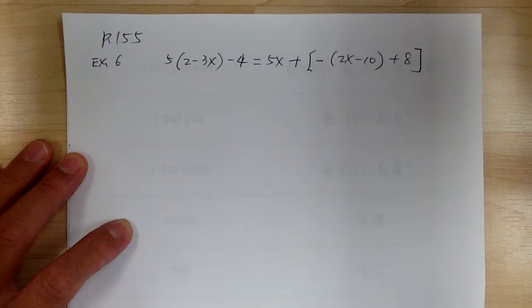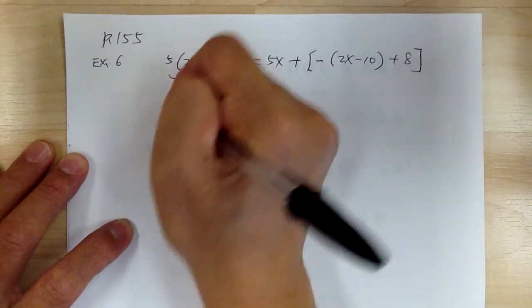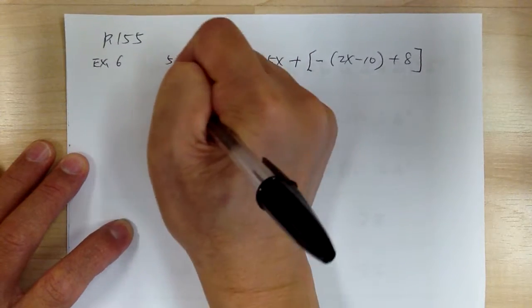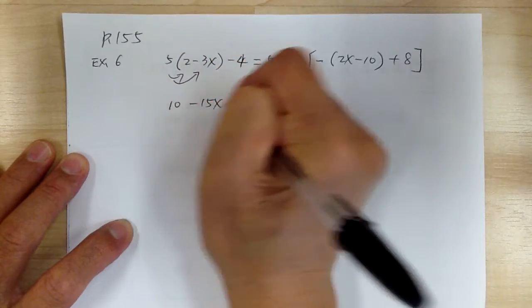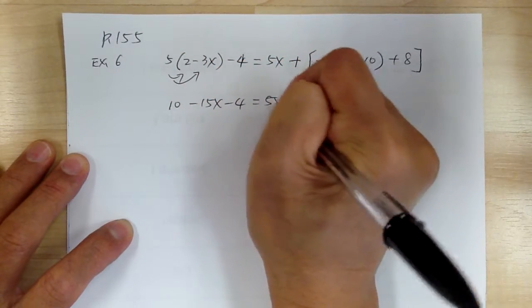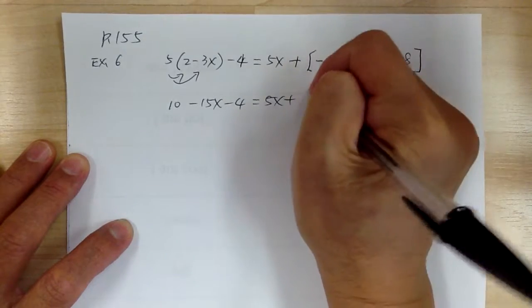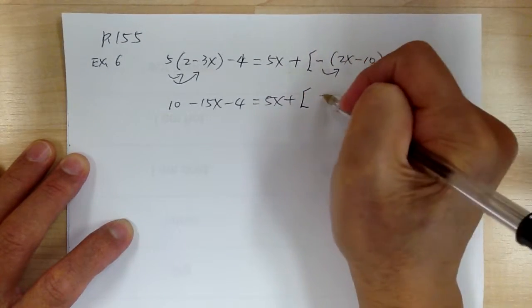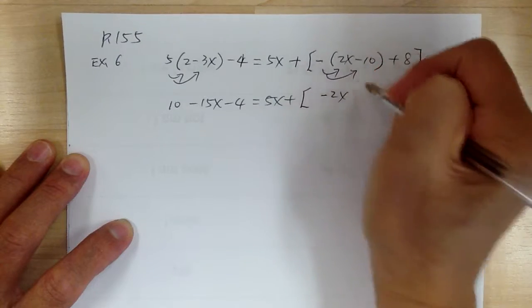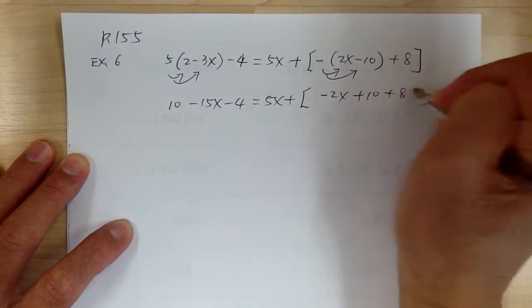You just apply the technique for every single problem. So first you need to undo the parentheses. Let's get rid of parentheses first. So multiply. Again, line up everything as much as you can. Now this one has parentheses and brackets, so you have to do the parentheses first. So multiply, minus 2x. Multiply, plus 10 plus 8.